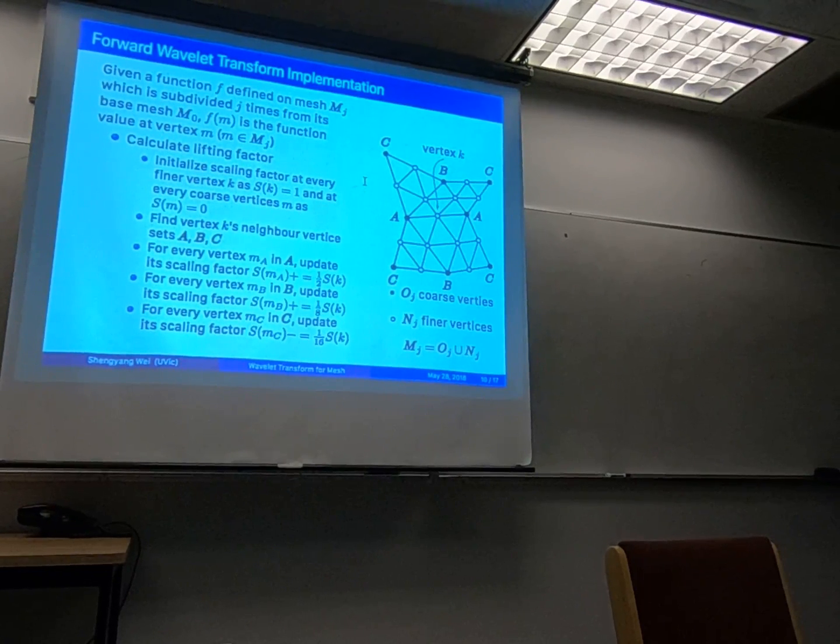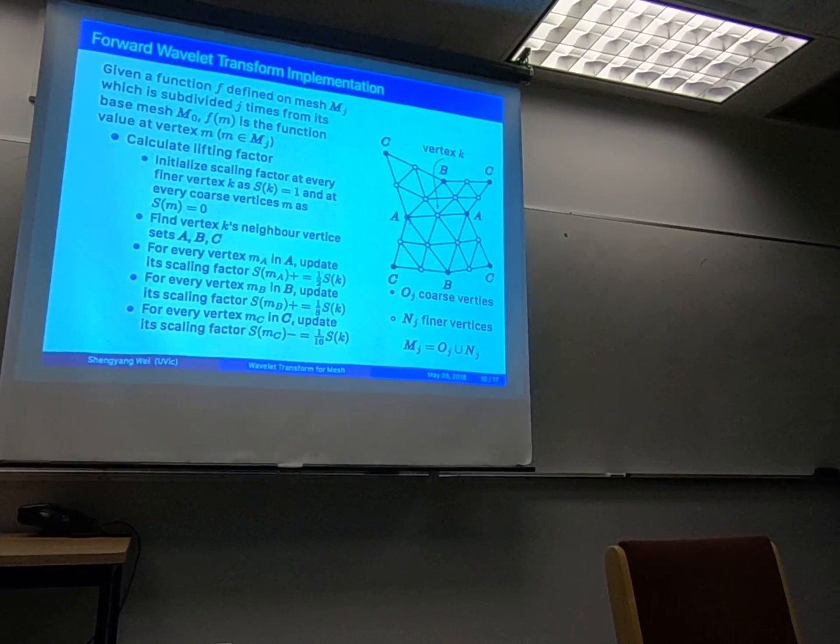First we have to initialize the scaling factors on every finer vertex as 1 and coarse vertices as 0. For a given vertex k, we retrieve its A-type coarse neighbors, B-type coarse neighbors, and C-type coarse neighbors.